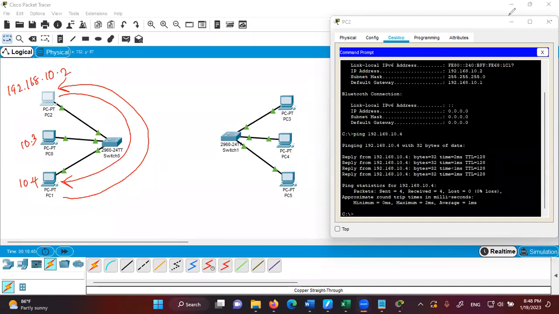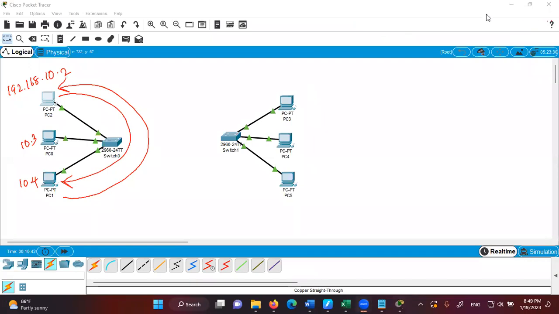There are some rules. So there are some rules. What are the rules, children? First one, here this one also 192.168, again 192.168, right? So the network segment, the network part of the IP address, must be same.